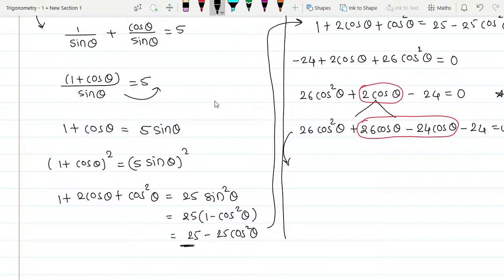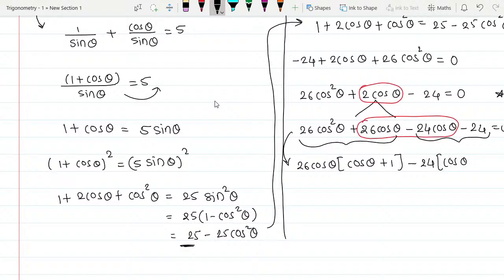Now take 26 cos theta common from these two. If I take 26 cos theta common, in the first term a single cos theta is remaining, and in the second term what remains is 1. So it is 1 minus, now you take 24 common from these two, so it will be 24 into cos theta plus 1, which equals 0.